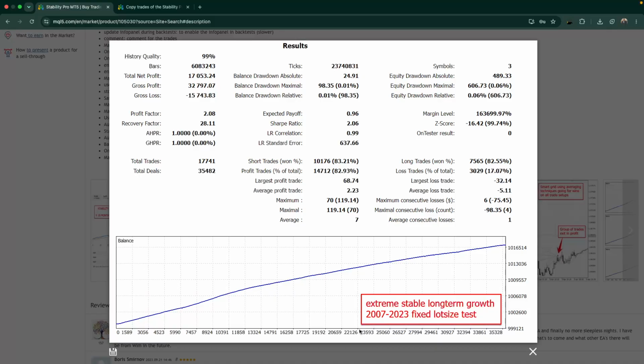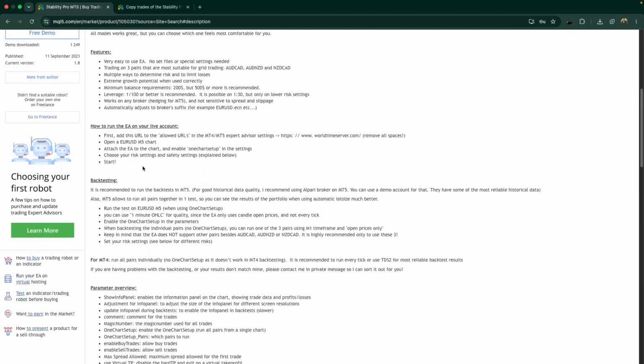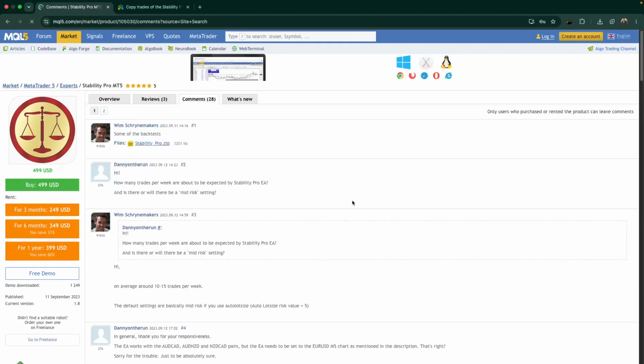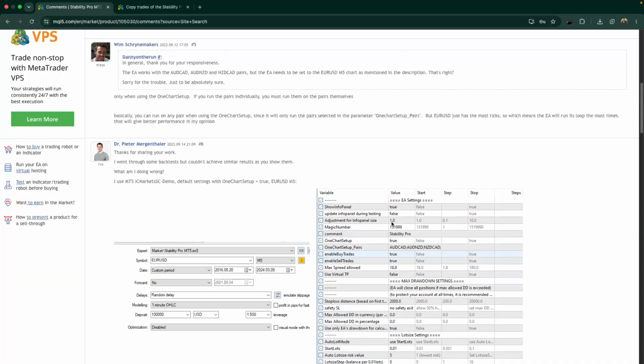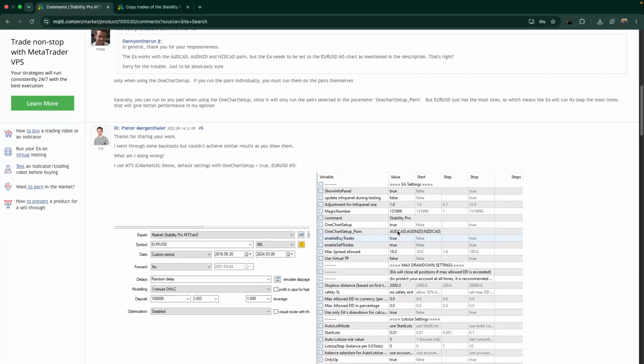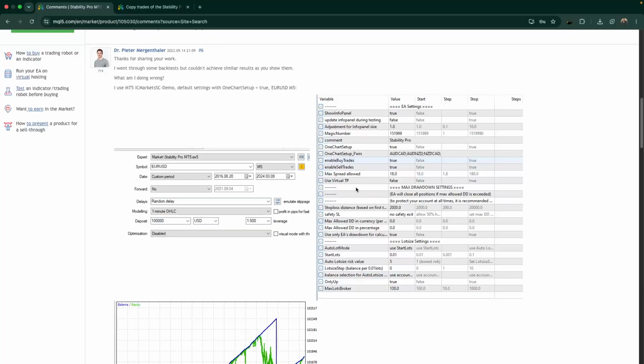Now the key features include the max drawdown caps. Let's go to the comments so we can see those settings again. You can see it, this is what the settings look like.